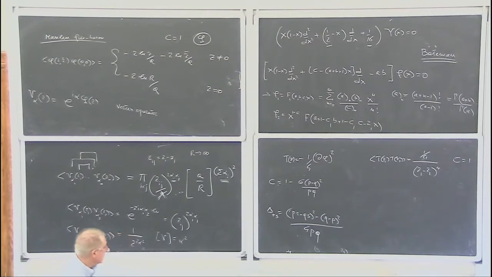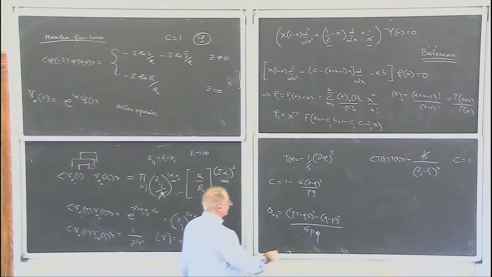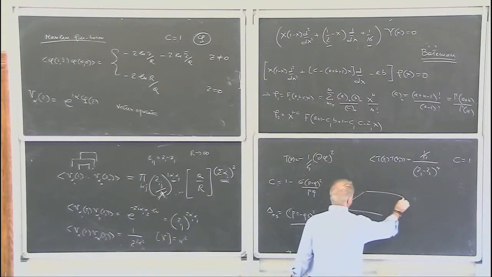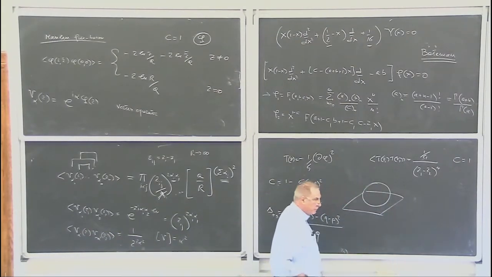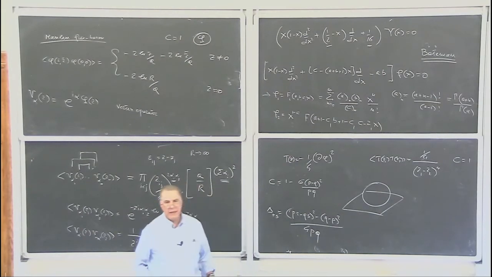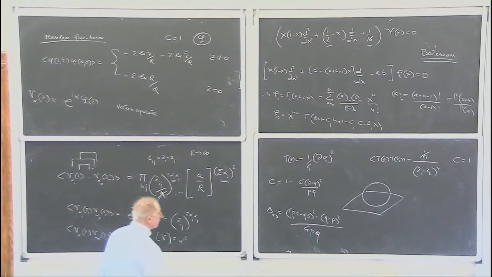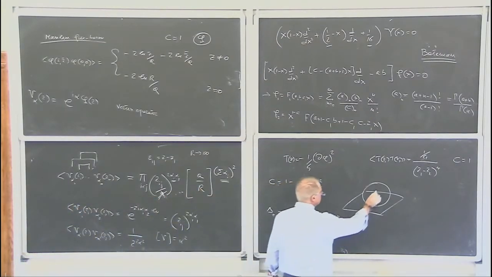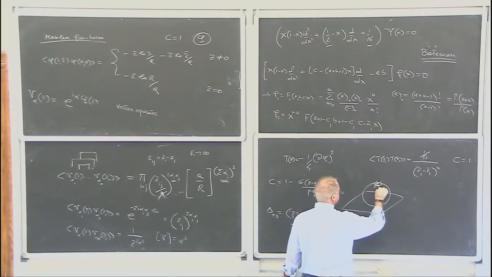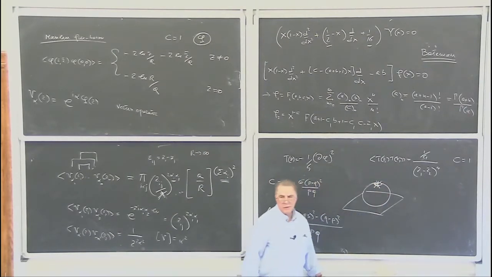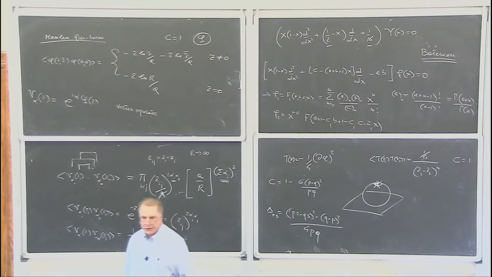The point is, if I have my plane, or a sphere, where the hell can I put these extra charges, such that what is left out is an honest correlation function of something? And there is a unique answer. The only point where you can put this extra vertex is at infinity. There is no other point.